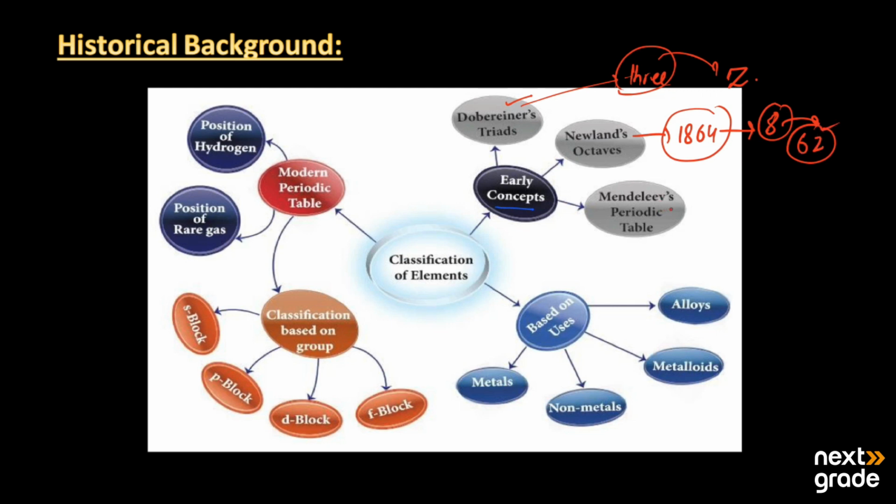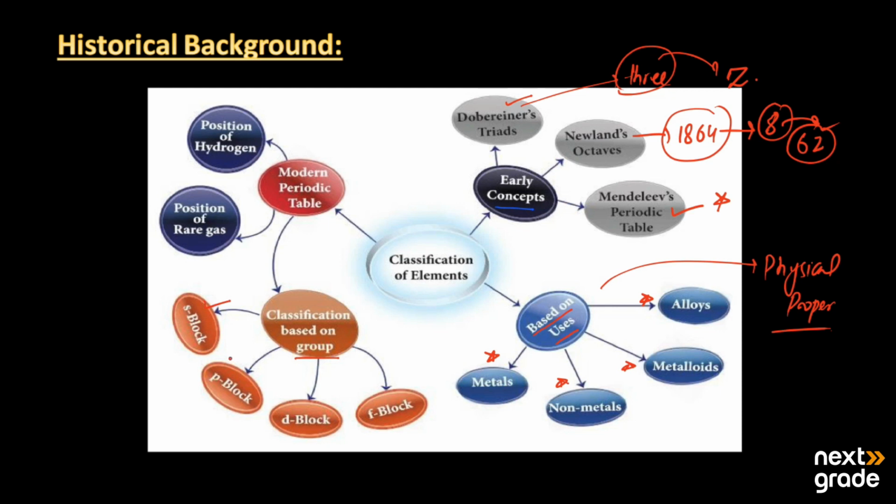Then there was the periodic table proposed by Mendeleev. This was the most popular work of Mendeleev. On the other hand, the elements have been divided on the basis of their uses or physical properties, so they are divided as metals, non-metals, metalloids, and alloys. After that, the classification was based upon groups or blocks.